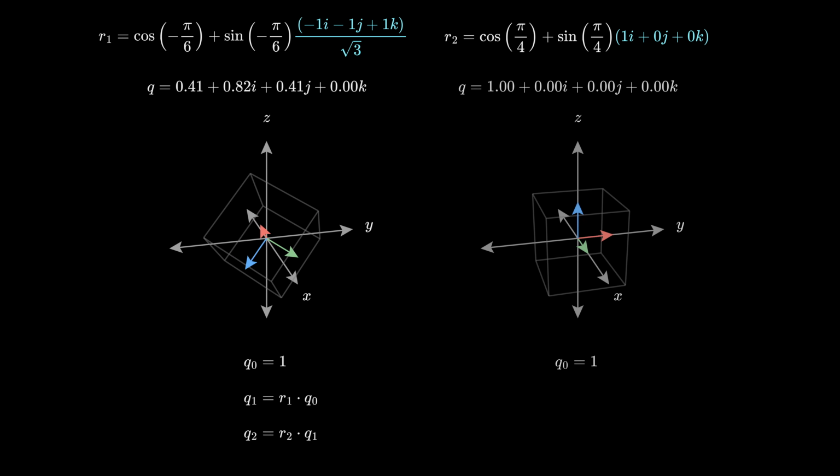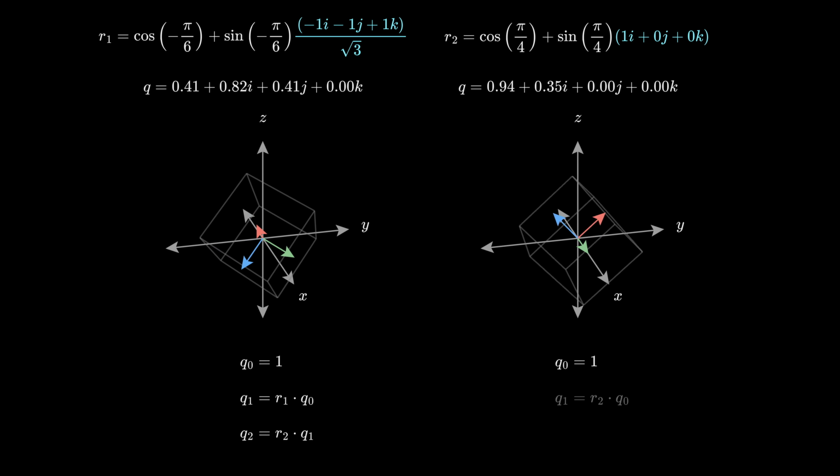When we apply the rotations in the reverse order, by rotating around the x-axis and then rotating around the diagonal axis, we get a different orientation of the cube. Since we applied the rotations using multiplication, this is a good example that provides geometric intuition for why changing the order of multiplication can produce a different quaternion as a result. As a mathematician would say, quaternion multiplication is non-commutative.